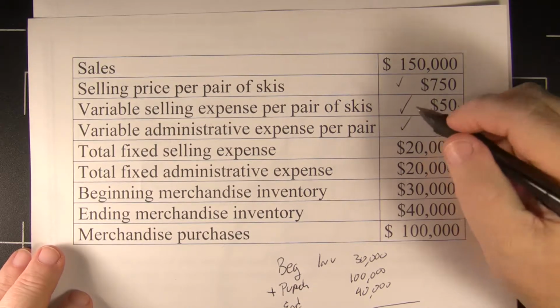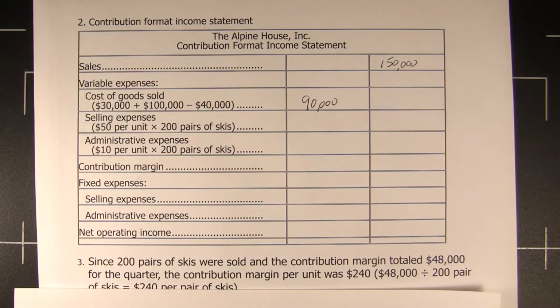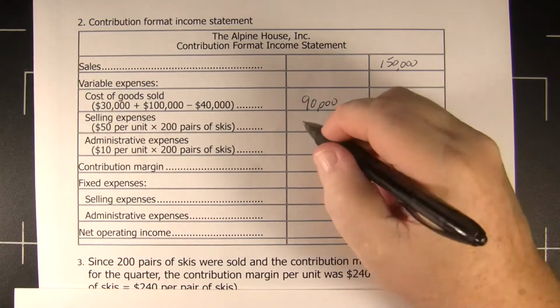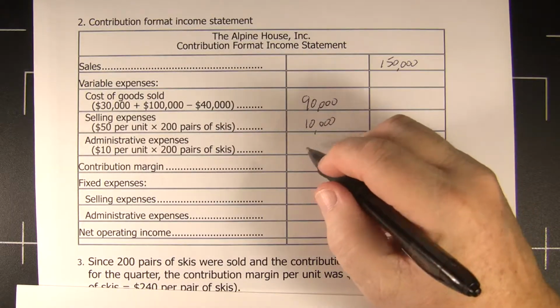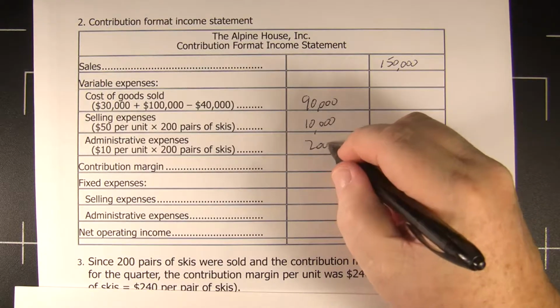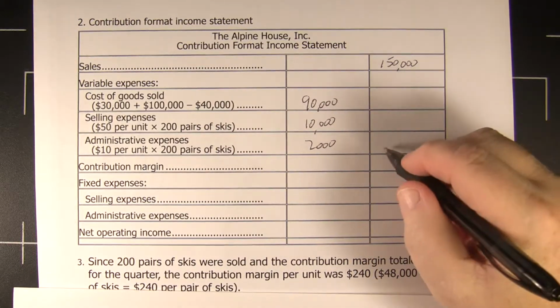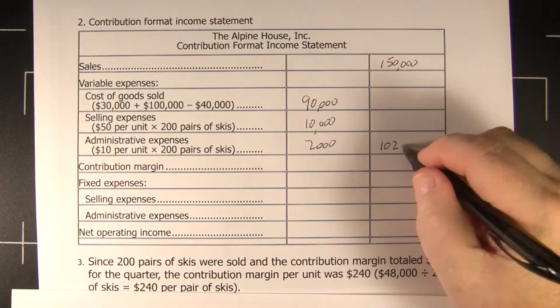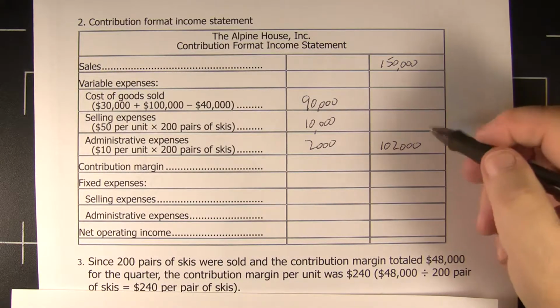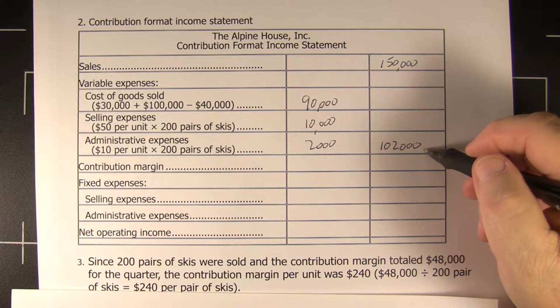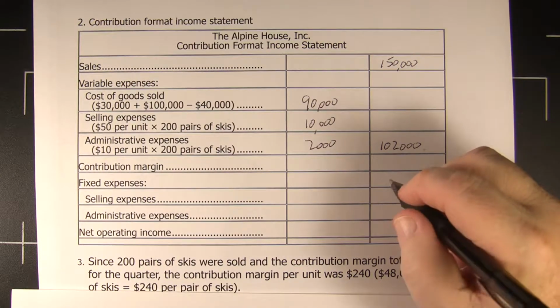Admin per pair, variable. So we're going to put all the variable costs together. We have 10,000 and 2,000. So that's 102,000. And our contribution margin is sales minus variable expenses. It's $48,000.